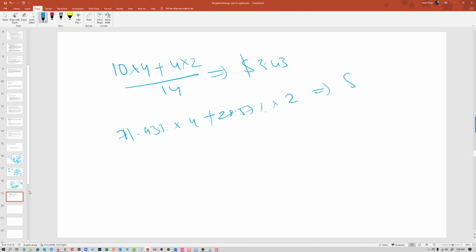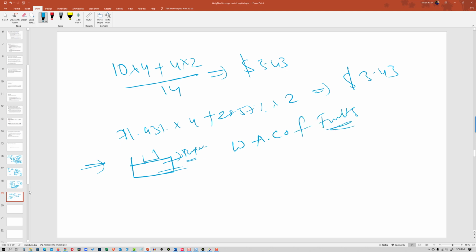This also gave us 3.43. What we have just done is we have used our fruits as an example, this basket I'm trying to draw, and we have computed the weighted average cost of fruits.